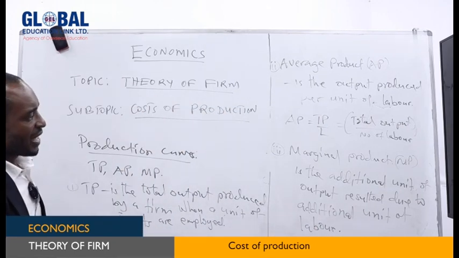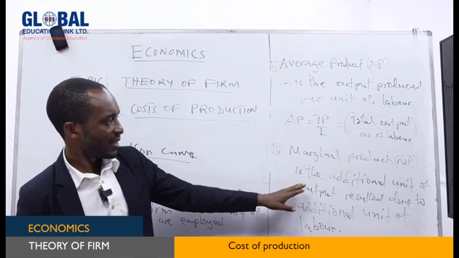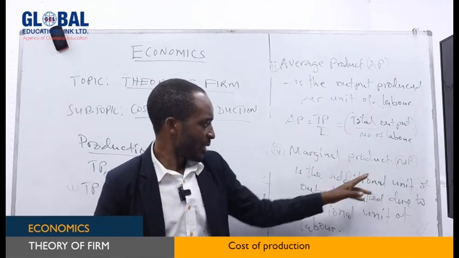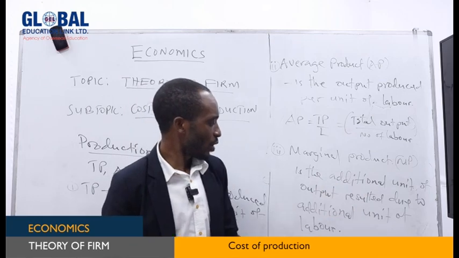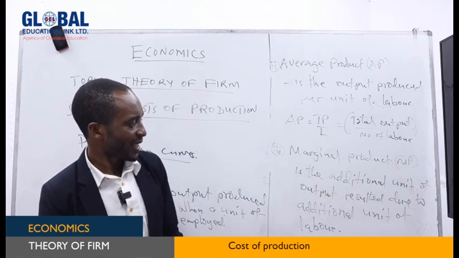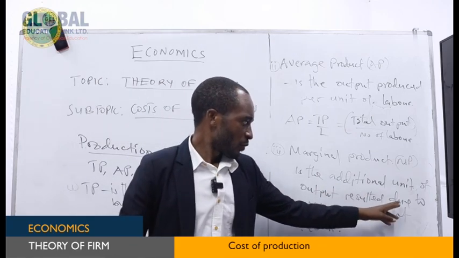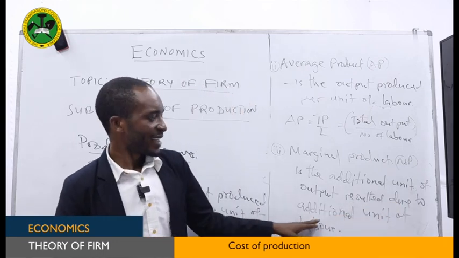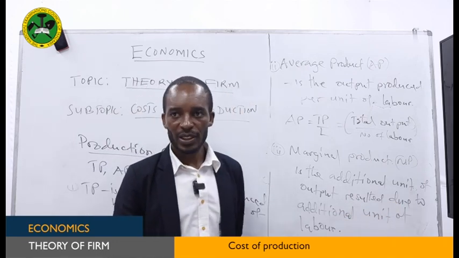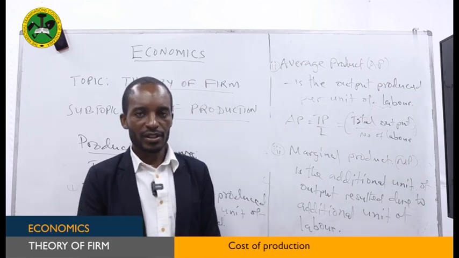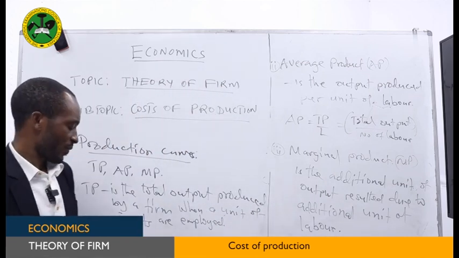So the marginal product, MP, is the additional unit of output resulting from, or due to, the addition of one unit of labor.